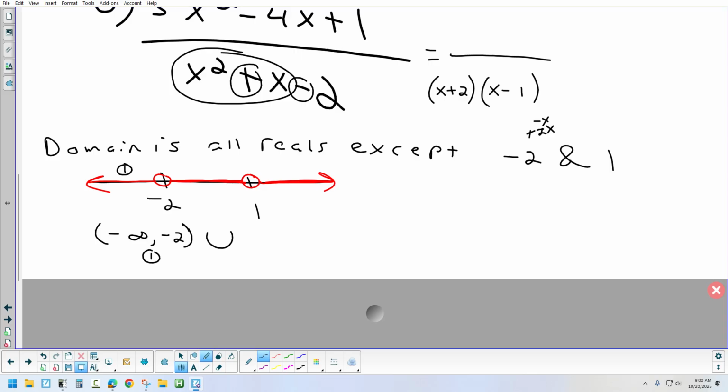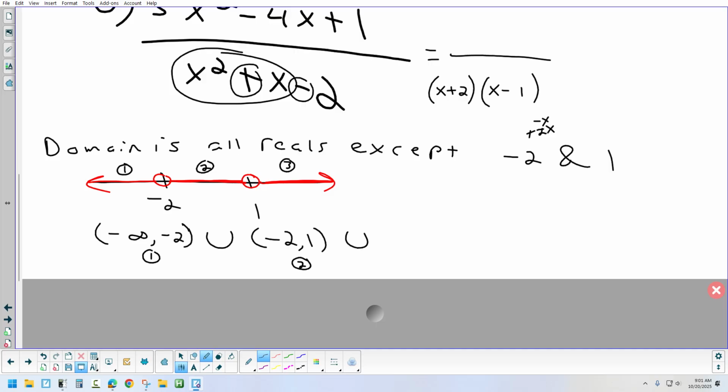Or, now we have this middle section. What's the lowest number in the middle section? Negative 2. And what's the highest number? 1. And can you pick either one of them? No. If you could, you'd put a bracket. But we can't. So we use a parenthesis. So it's everything in the second section.